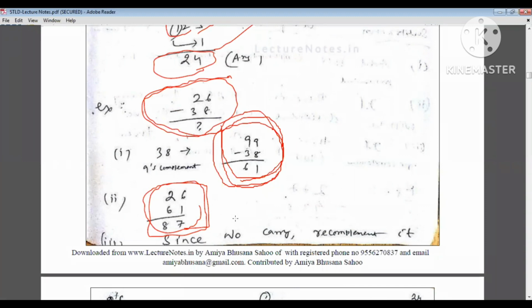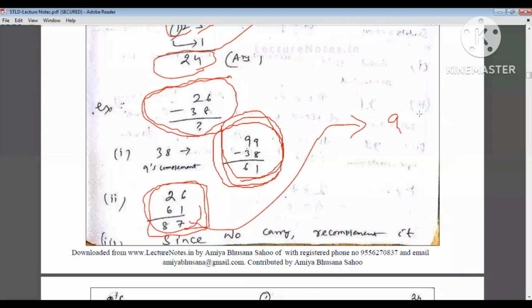अभी मुझे तो क्या करना है, 1's कॉम्प्लीमेंट में क्या कर रहे थे. So answer का 9's complement. हाँ, इसका 9's कॉम्प्लीमेंट निकालना है. इसलिए उसमें 1's कॉम्प्लीमेंट निकाल रहे थे, इसका 9's कॉम्प्लीमेंट है.